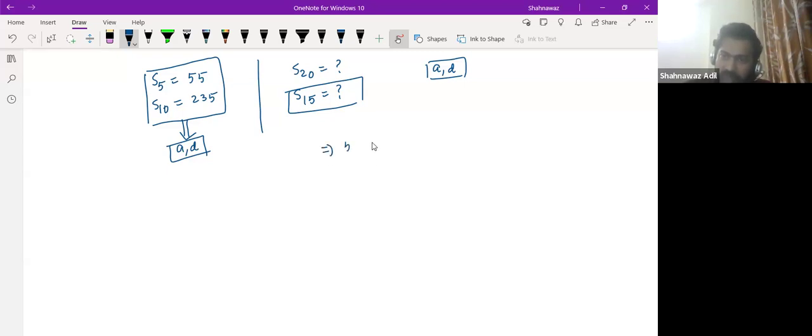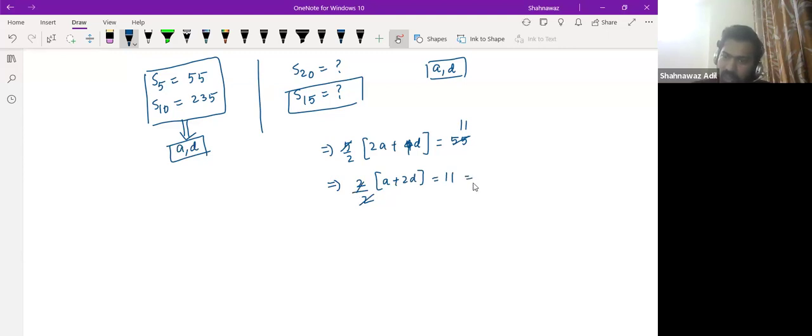S5 is 5 by 2 into 2a plus (5 minus 1) 4d. This is 55, right? I'm directly writing. So this is 11, and you take out a 2 common from here. So this would be a plus 2d, and this is by 2. This is 11.